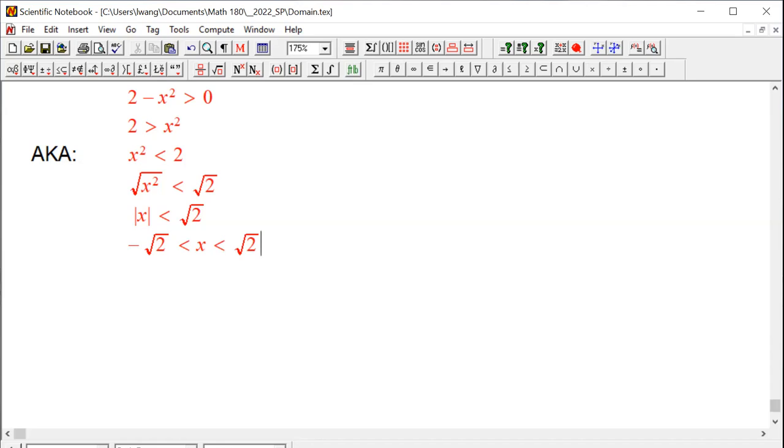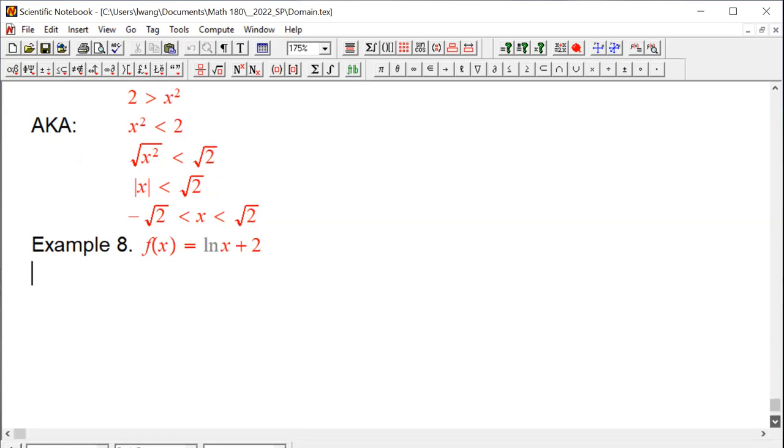Okay. And so here we have one example of logarithm. I'm going to make this example number 8. The function in consideration is natural log of x plus 2.